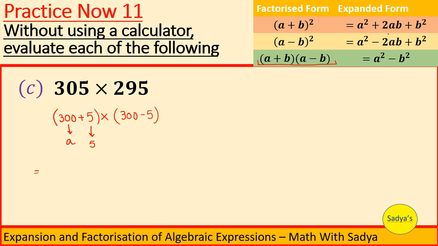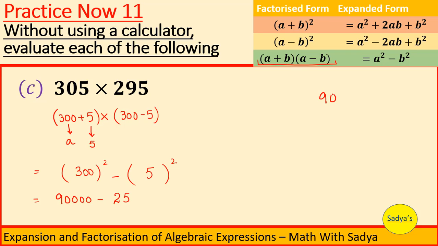So we will write down the structure of the expanded form, which is a squared minus b squared. a is 300 and b is 5. The square of 300 would be 9 and 4 zeros, which is 90,000. The square of 3 is 9 and we had 2 zeros, so we double the number of zeros. Minus 5 squared is 25.